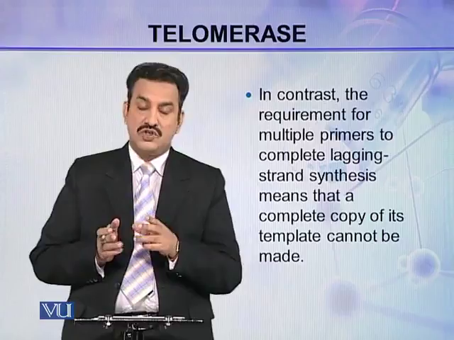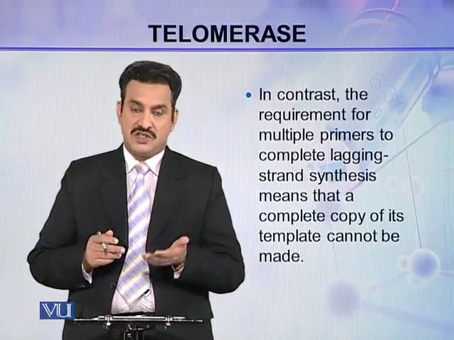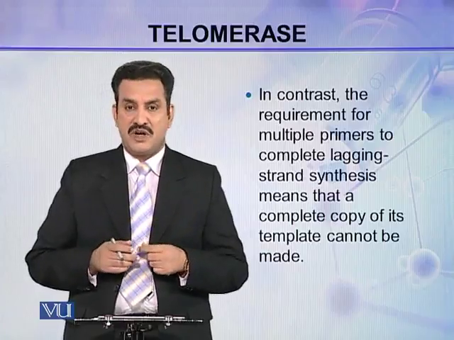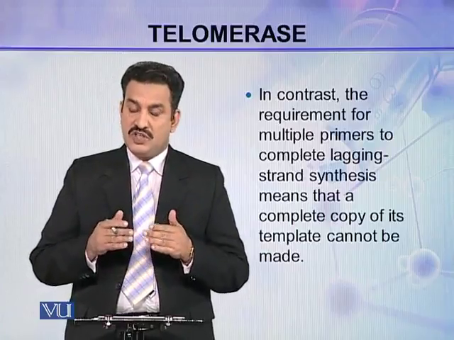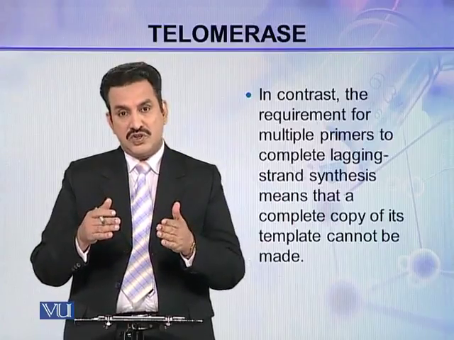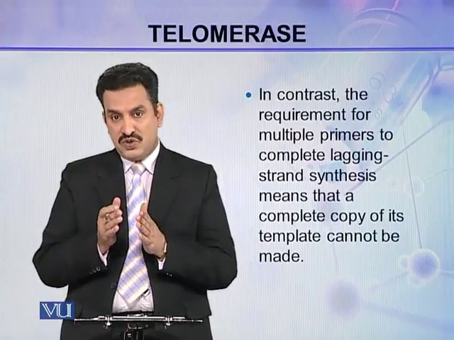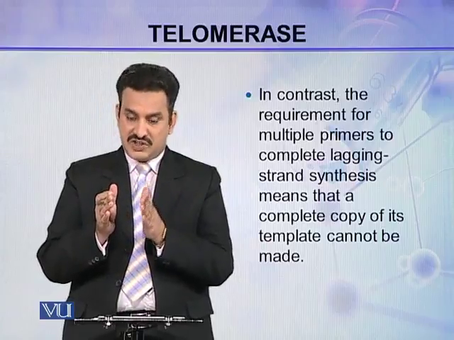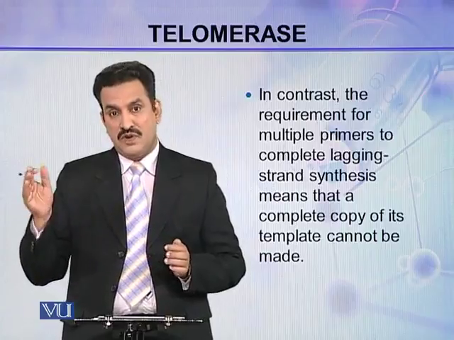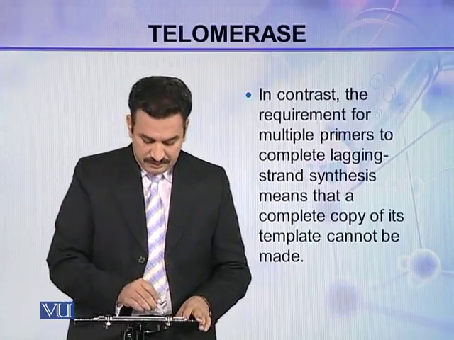For each Okazaki fragment, there is a separate, new RNA primer, so a number of RNA primers are required. Due to that requirement, the synthesis of a new strand along the lagging strand cannot extend up to the extreme end of the chromosome.